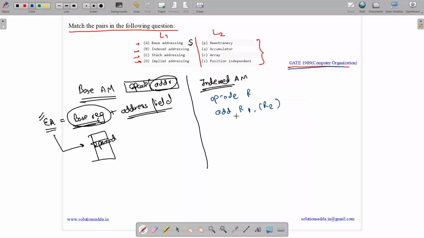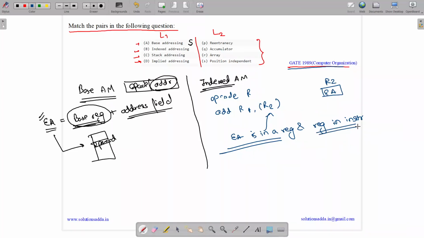So what is basically happening is, here the effective address is in a register, and the register is given in the instruction. So here the effective address is in the register R2. We have a register R2 which has an effective address, and this register is given in the instruction. R2 is present in the instruction.